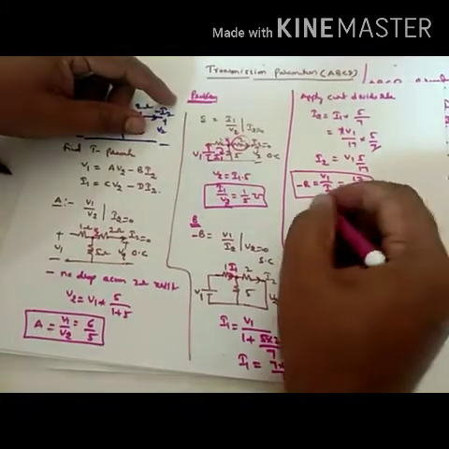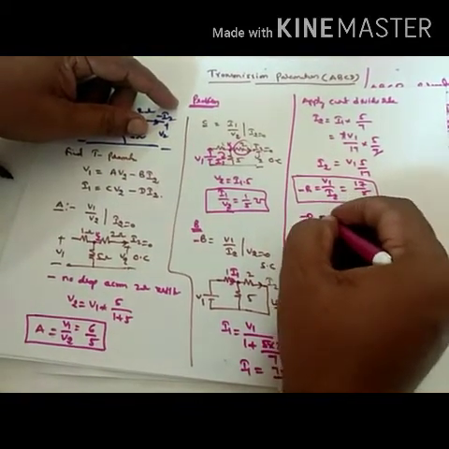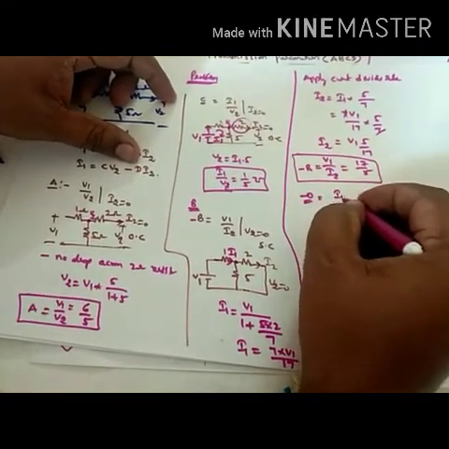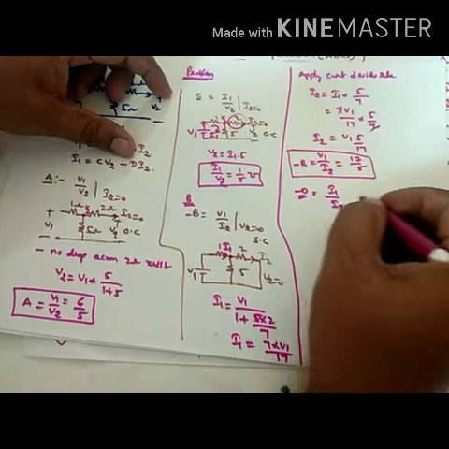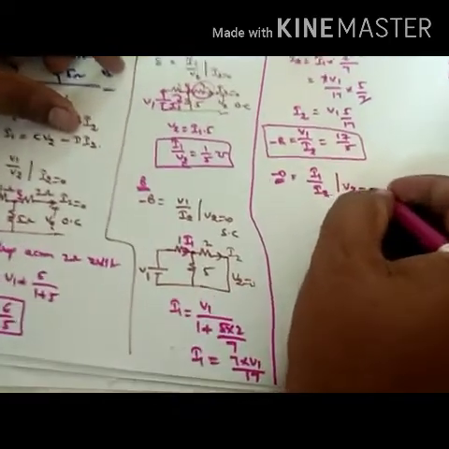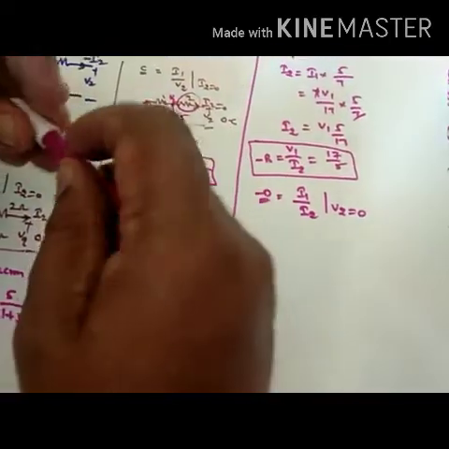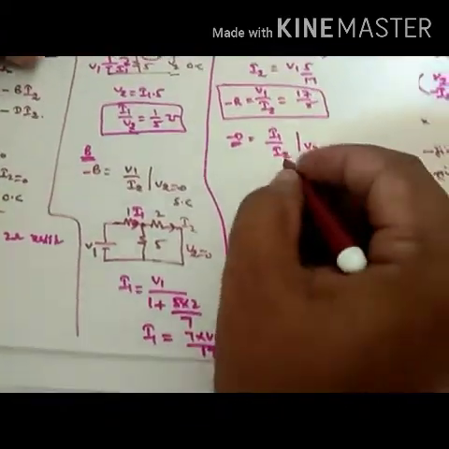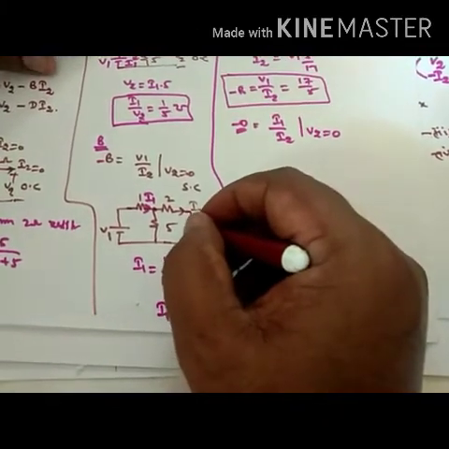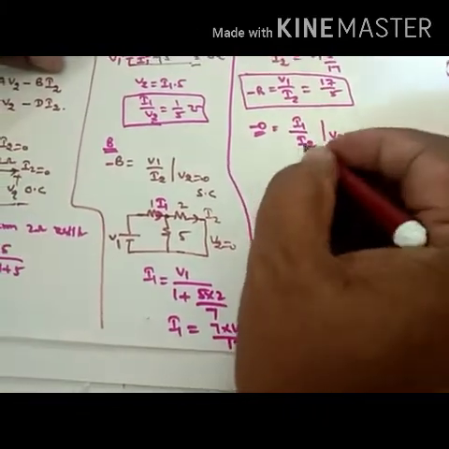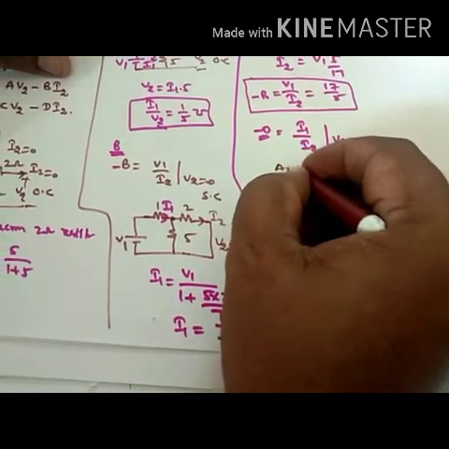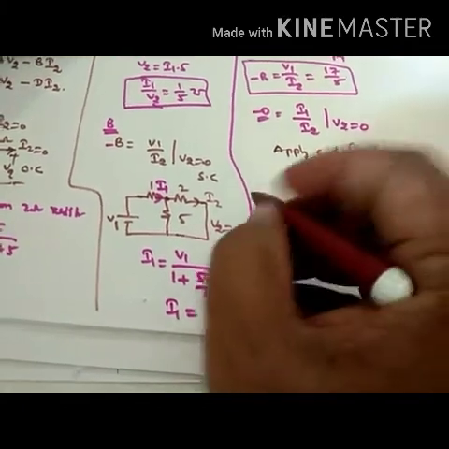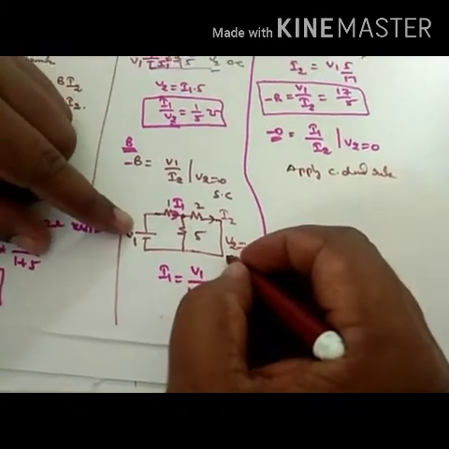Then the last one, the D parameter. Minus D is equal to I1 by I2 when V2 is equal to 0. Consider the same figure and apply the current divider rule.